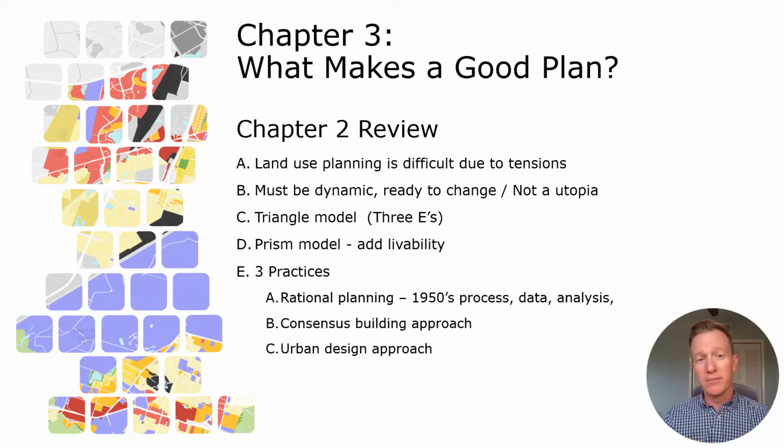Saying that it's a 1950s process doesn't mean that we don't use that process today. We still use it, but we tend to use it in conjunction with a consensus building approach, which really came about in the 1990s, where we really strove to bring as many people into the plan making process as possible. And then a good plan will also pull in an urban design approach so that it's addressing good urban design.